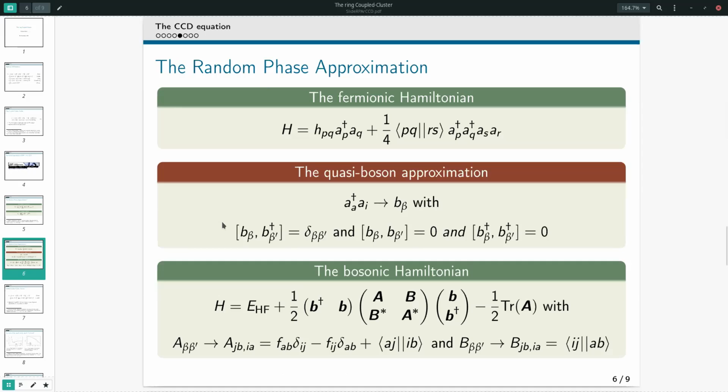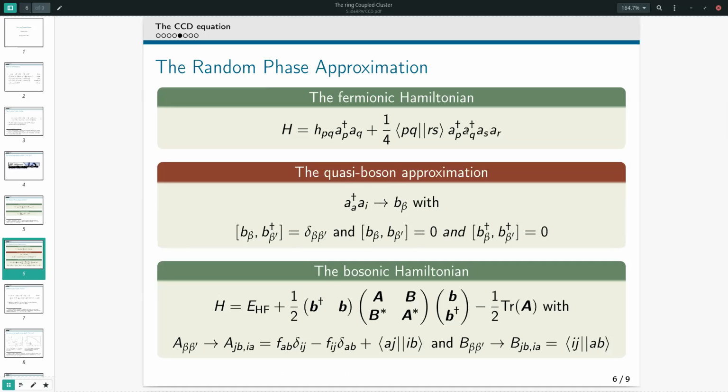And in RPA, there is another possibility, which is to not use particle-hole excitations, but particle-particle excitations, and do the same things. So you bosonize your Hamiltonian, but with particle-particle excitations, and you will get what is called particle-particle RPA.